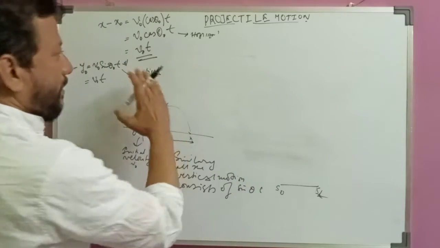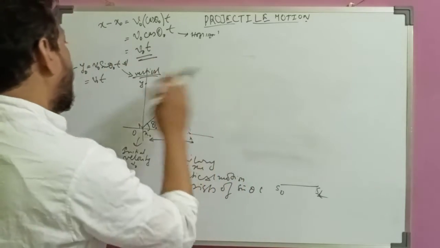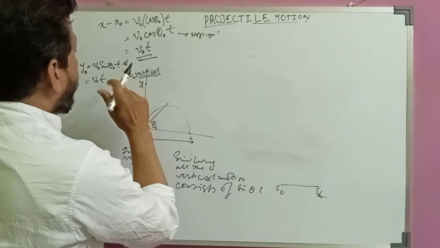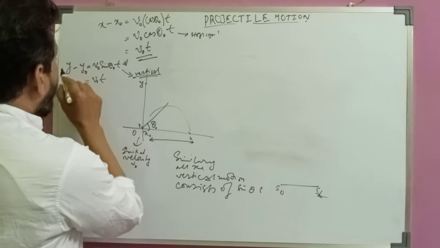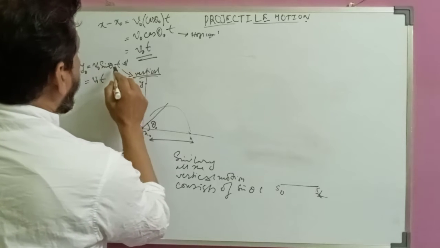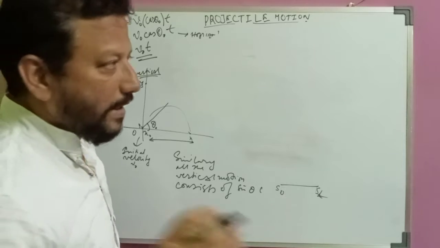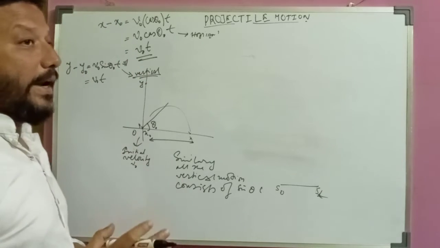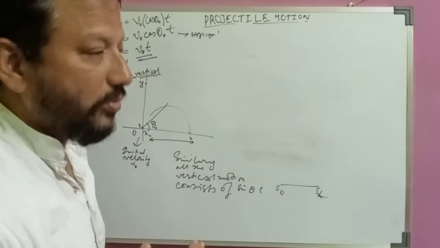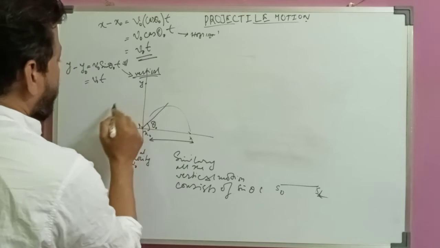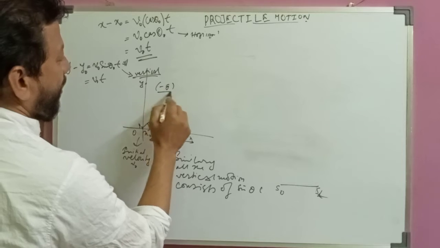But in the vertical case, I am writing it later on, as I didn't write it here. So in the vertical case we did v naught sine theta t. As I told you previously, it is a negative acceleration. So here the acceleration will be minus g.